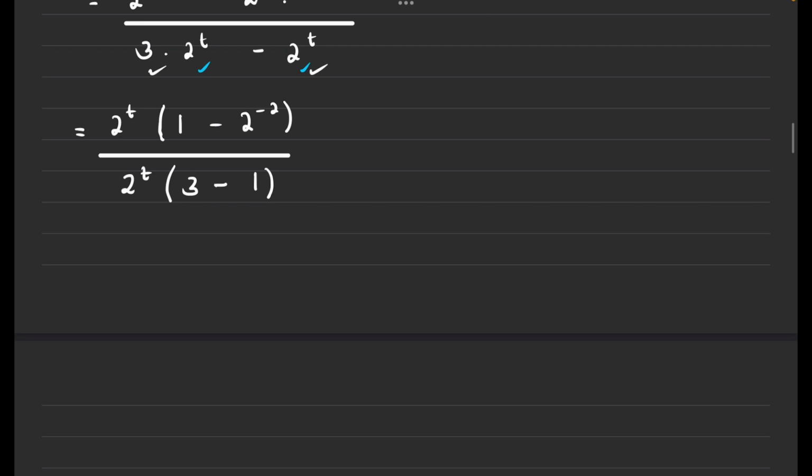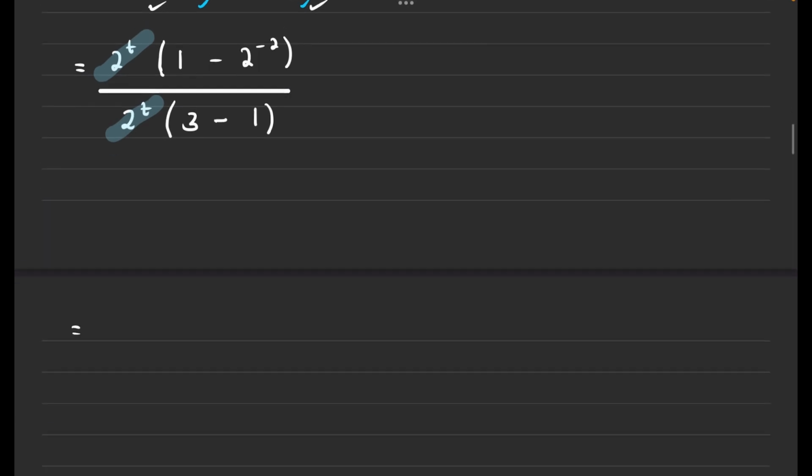Okay, so let me just simplify over here. Take note that 2 to the t is factored out, and so now we've got multiplication, and because of that, this 2 to the t and this one here can divide. And then let's just sort out the brackets now.